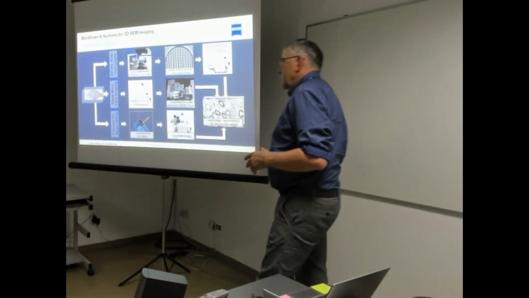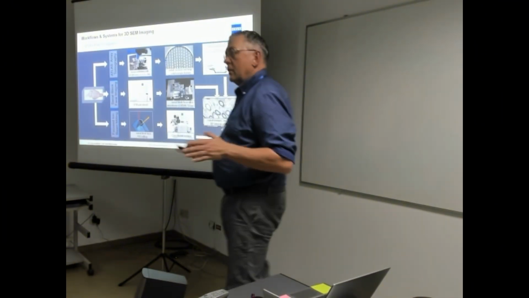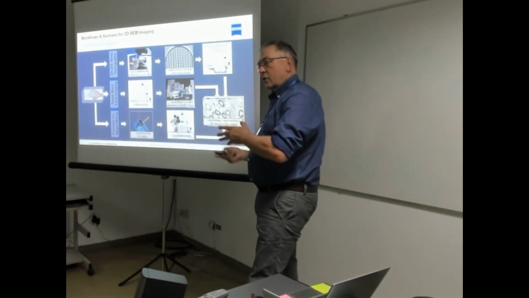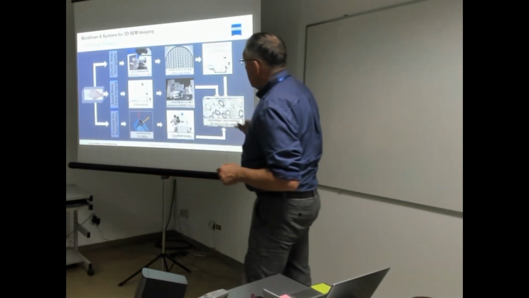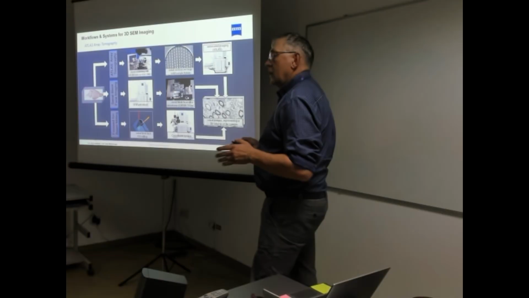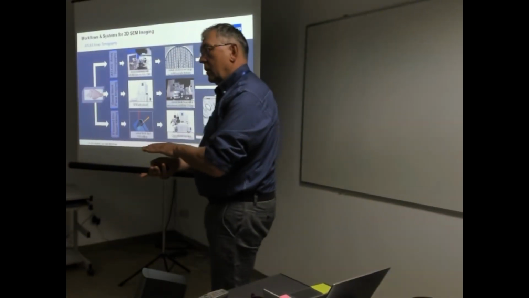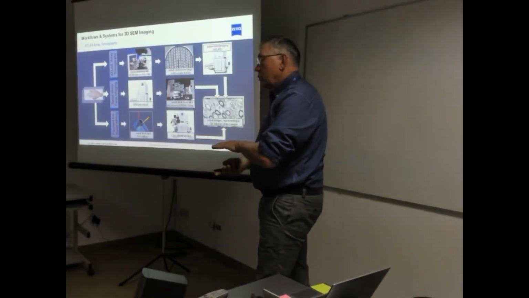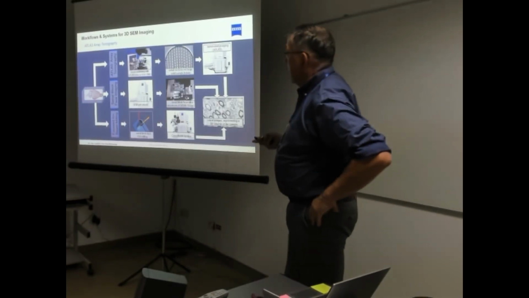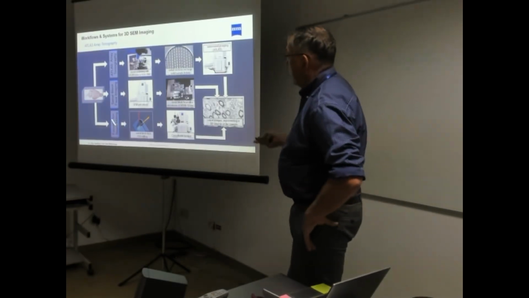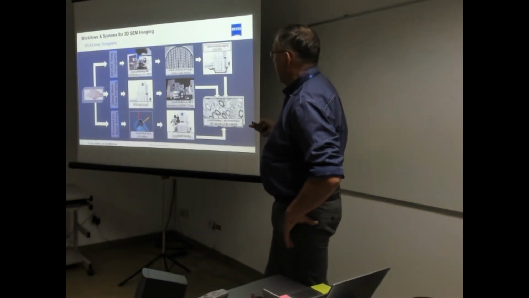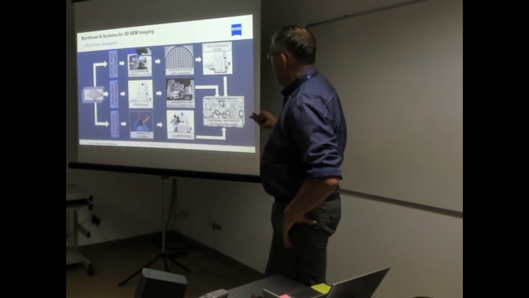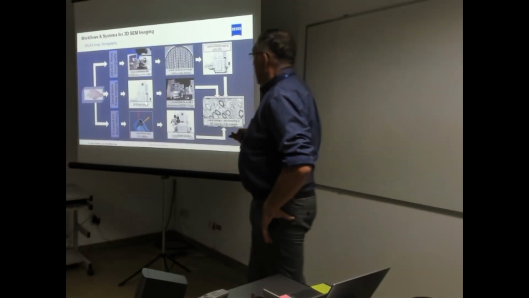All these techniques I have shown so far are just simple 2D, smaller or larger 2D areas. But if you take serial sections of your sample, you can assemble the individual 2D images into a 3D reconstruction. There are three major technologies in SEM. This is array tomography, where you cut slice after slice, line up these slices and image each slice.